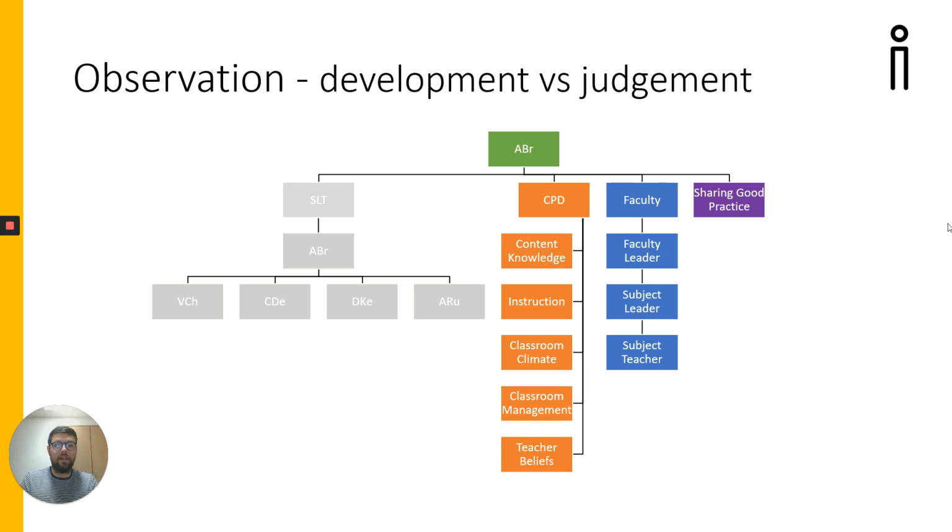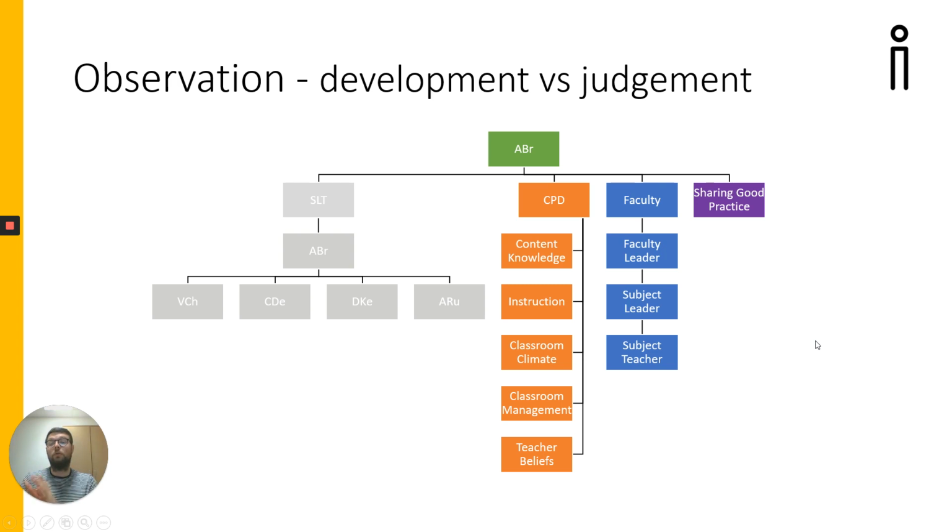So you'll notice that we have our boxes here, 1, 2, 3, 4, and 5. The sixth strand, this is from Rob Coe's Great Teaching Framework, is professional behaviours, and we didn't feel that was observable, so we removed that. But what happens here is once a term, we have a peer observation. And what I mean by peer observation is teachers sign up to one of these.